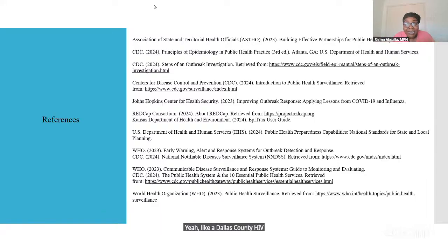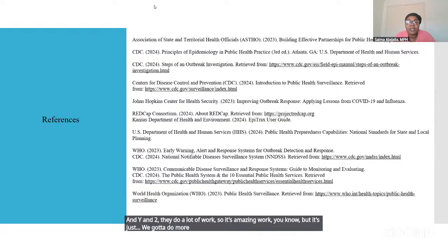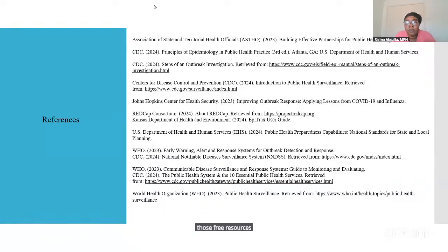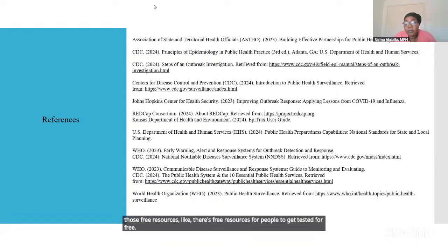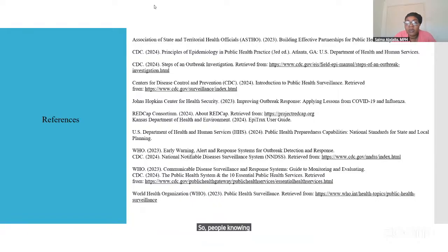They do a lot of work, and Ryan White too. It's amazing work, but we've got to do more, so we can streamline the process of people getting tested and getting to those free resources. There are free resources for people to get tested for free. So people knowing that is going to reach more of the population.